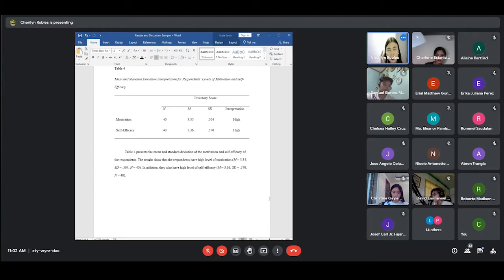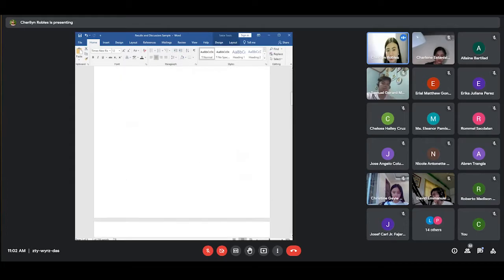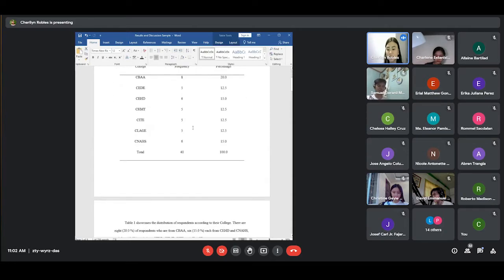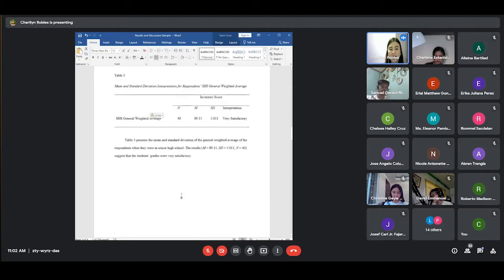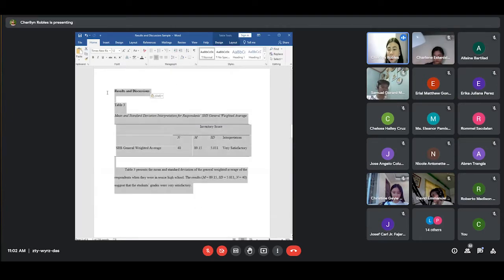Then how about for comparative research design? If you're studying a comparative research design, it's like this again. So frequency and percentage distribution. Then you first show the first group.